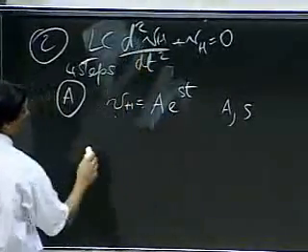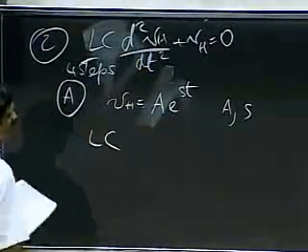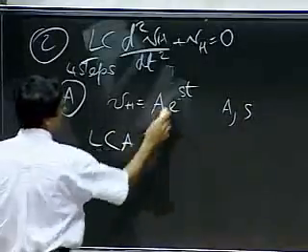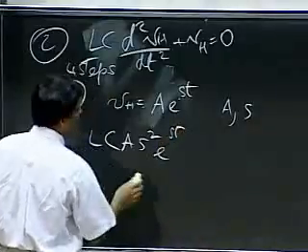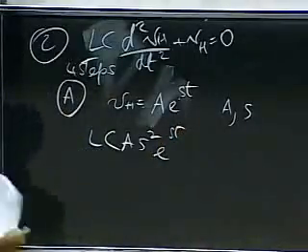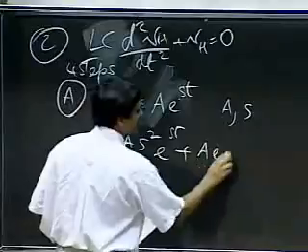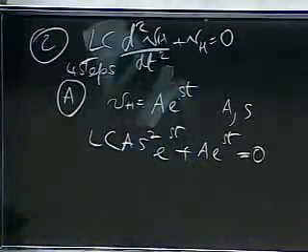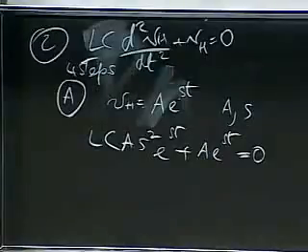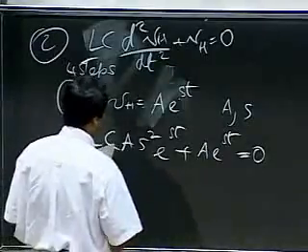So substituting A e to the st here, I get LC A, and second derivative, so it's S squared e to the st, and A e to the st for this one here, and that equals 0. Then let me just solve for whatever I can find.